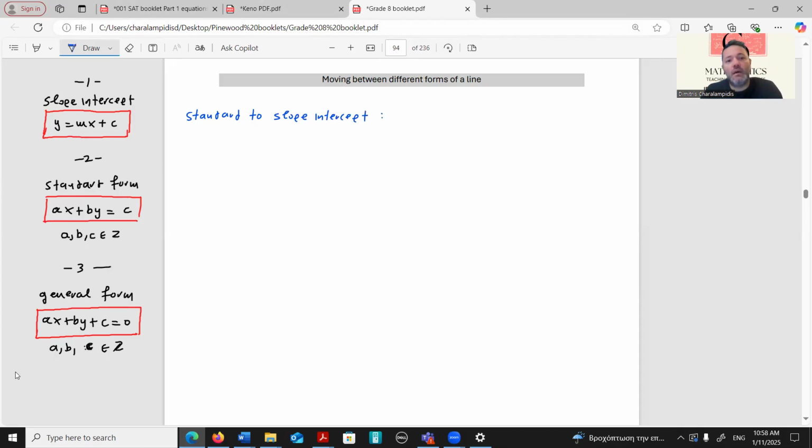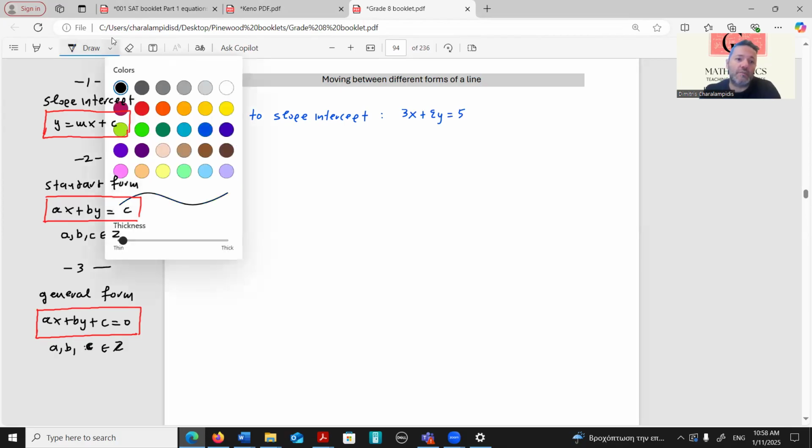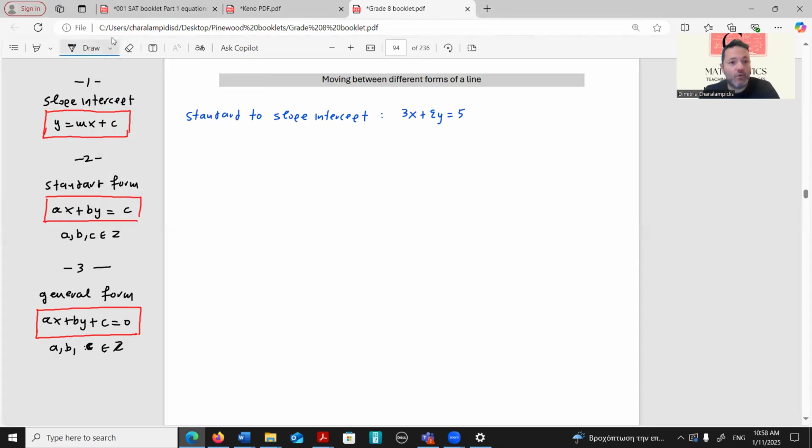For example, assuming that we have 3x plus 2y equals 5, I want to bring that into the slope-intercept form. Remember that the key about the slope-intercept form is that we have isolated y, so that's what I'm going to do. I will try to isolate y, which means that I'm going to solve for y.